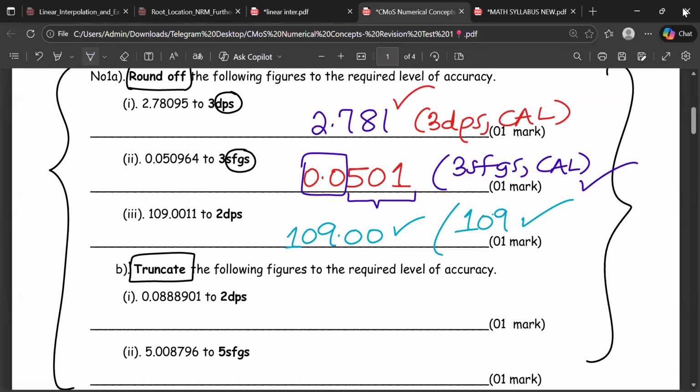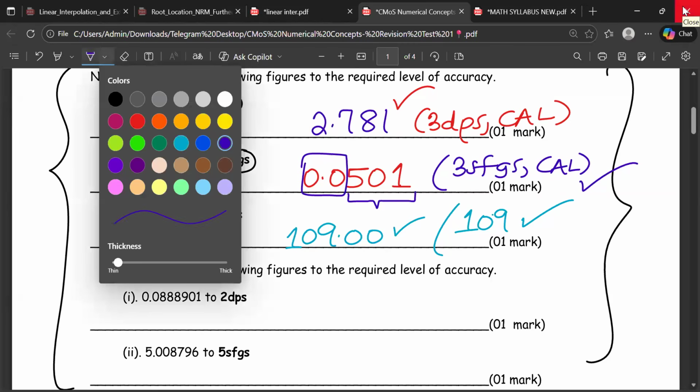Do you know how to truncate? Not really. Who knows how to truncate? I think Engineer Josh knows. Yes, Josh, you tell us what truncating means. Yes, good evening, Doctor and other guys.